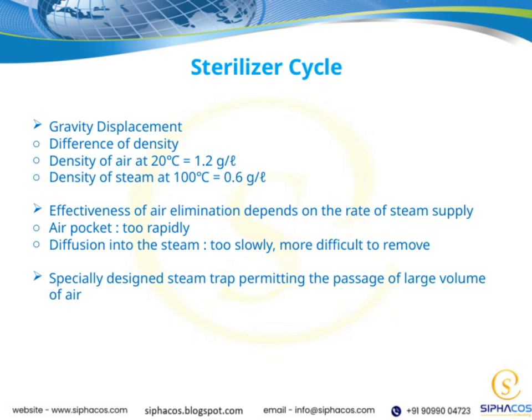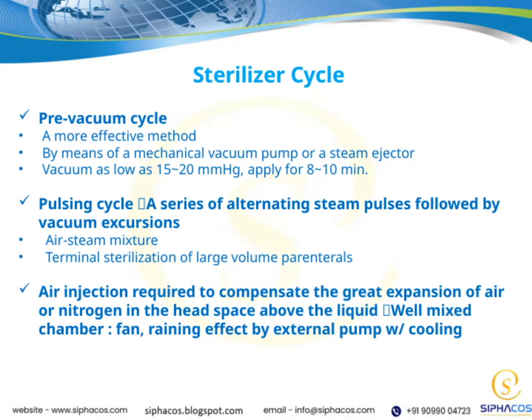To address this, we use specially designed steam traps. These traps are capable of allowing large volumes of air to pass through without getting stuck, ensuring that the sterilizer is properly vented. This is critical during the sterilizer cycle because thorough air removal ensures that the sterilization process is effective and uniform throughout.